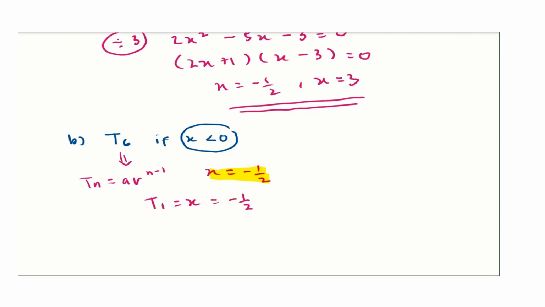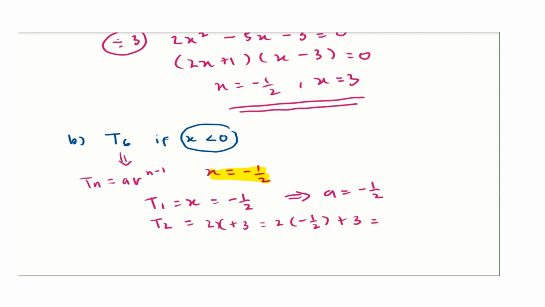So A here is negative 1 over 2. And then we find T2. T2 is given as 2x plus 3. So 2 multiplied by negative 1 over 2 plus 3.